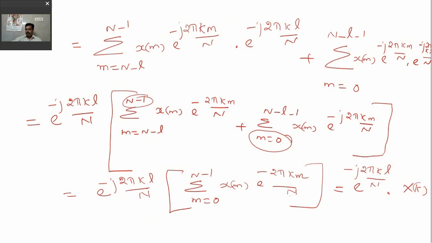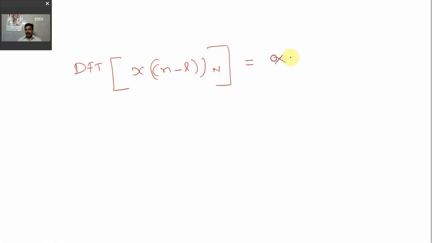So we can write it as DFT of x of n minus L, that is delaying a time sequence, is equal to multiplying the DFT by e to the power minus j 2 pi k L by n.